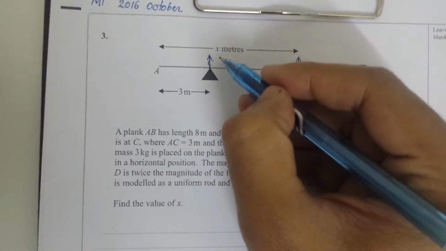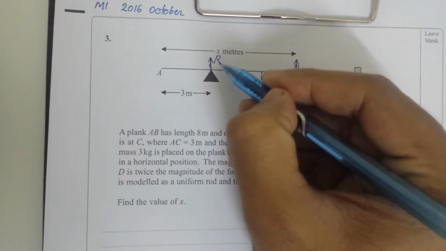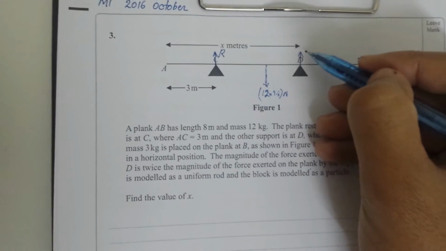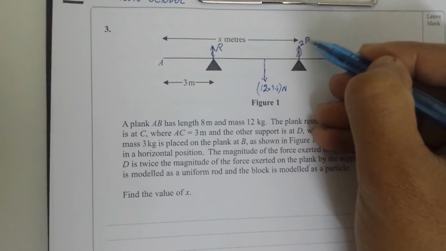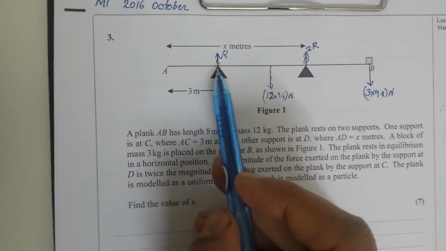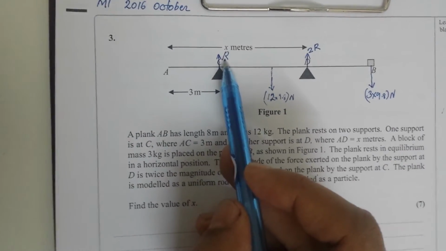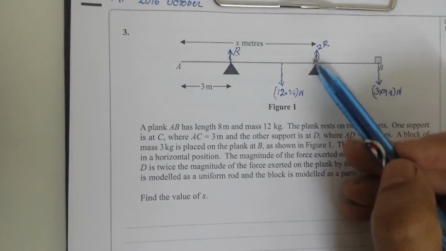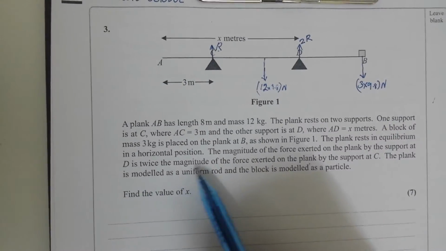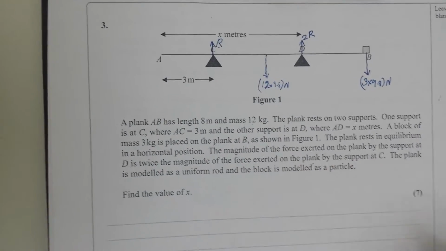For example, if the normal contact force at C is R, then the normal contact force at D is 2 times R, twice the magnitude of force at C.